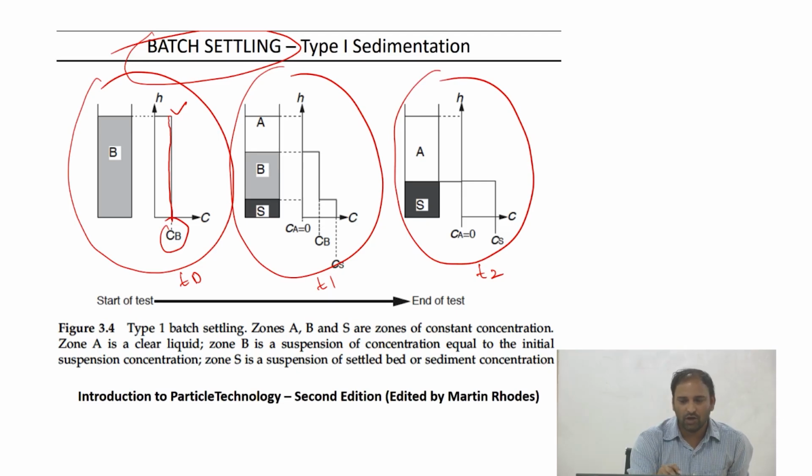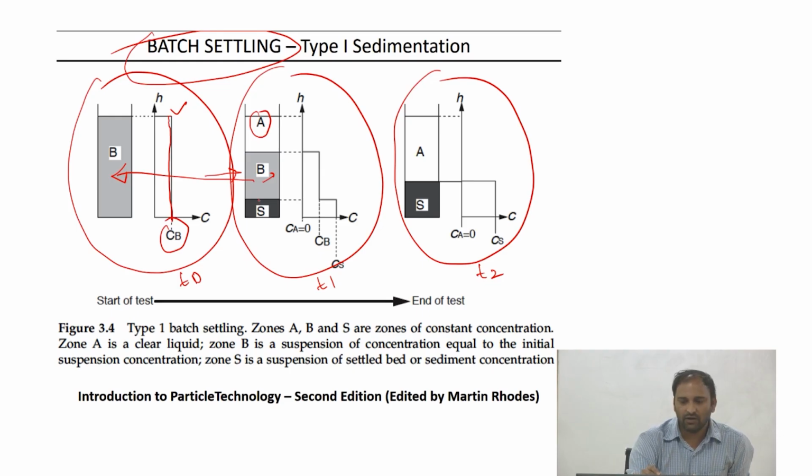Now with time, you'll start seeing different zones formed in the container. There could be a zone A with clear liquid, meaning there are no particles, all the particles in that upper layer have come down. And you have a zone B where the concentration of particles is exactly the same as the concentration you started off with.